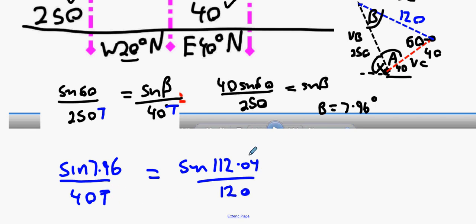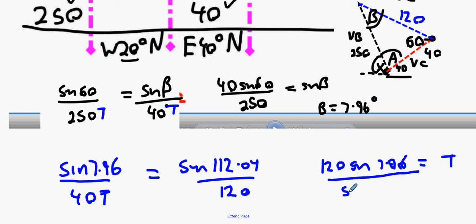Move the t from the bottom left to the top right, and then do 120 sine 7.96 divided by sine 112.04.